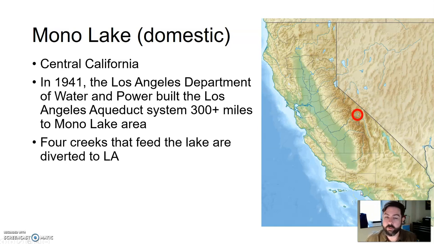There are I think 7 or 8 creeks that feed into Mono Lake. 4 of them were diverted to Los Angeles. Again, LA is way down there.